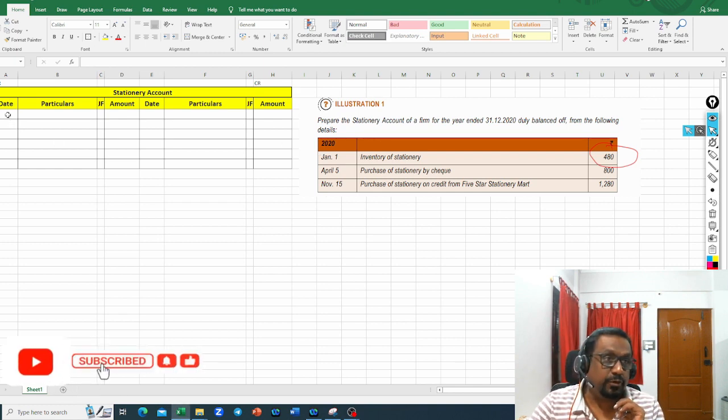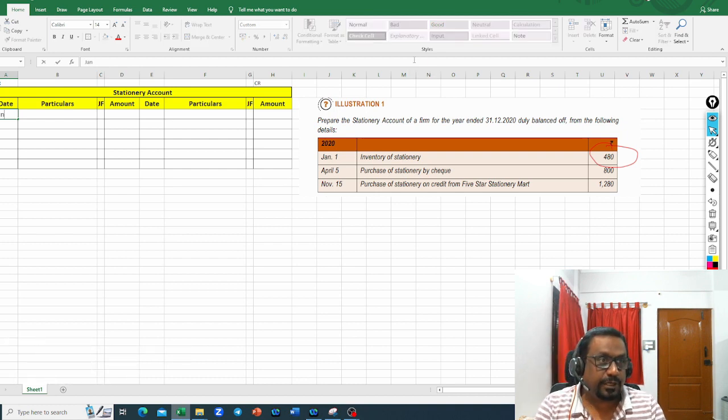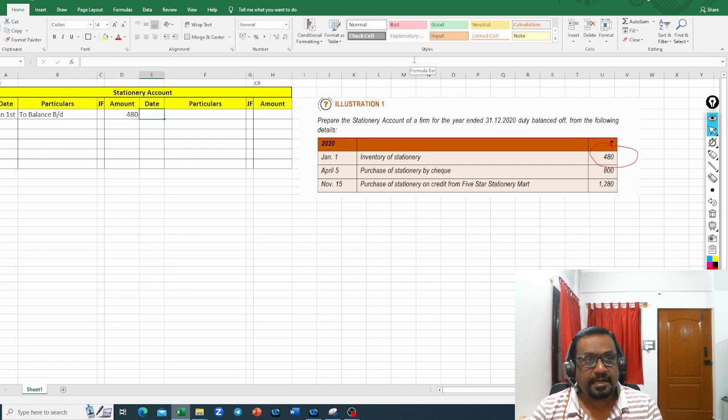So what we need to do is, here in date column, January 1st we need to put. Then we need to say to balance brought down, and we need to put amount as 480 rupees in debit side. Why did I put this entry in debit side?